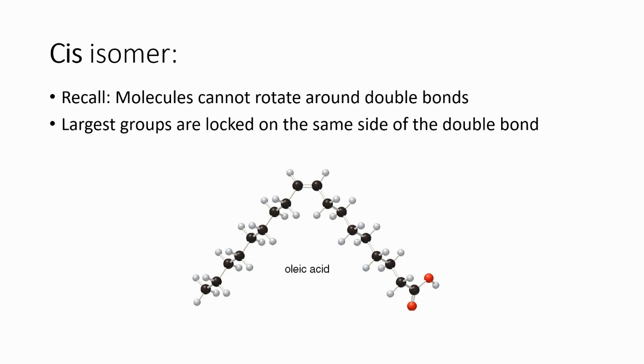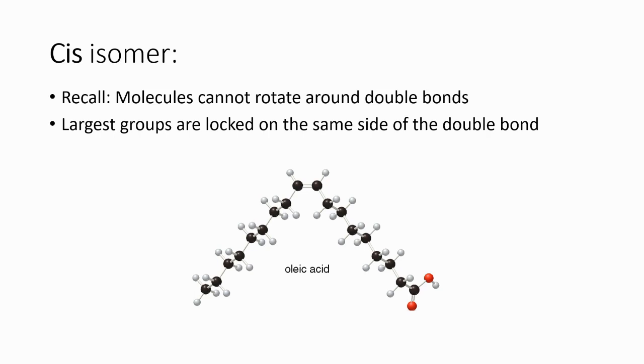Remember that because it's a double bond, our molecule can't rotate. Our molecule can rotate around all of these other single bonds except for this one. And this isomer is locked where both of the longest chains are on the same side. So that's a cis isomer.